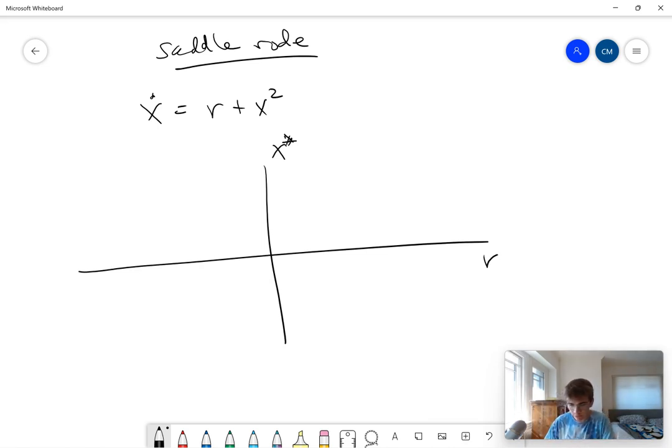Remember, for the saddle node bifurcations, when r is greater than 0, we have no fixed points. So in this region, there's nothing. And then when r hits 0, a fixed point is born at x star is equal to 0. And then as r dips down to the negatives, the parabola dips below the x-axis, and we get two fixed points, the left side being stable and the right side being unstable for positive x squared.